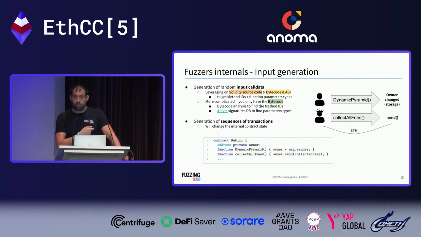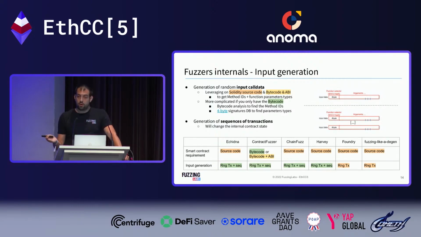A tiny example is the famous Rubik's contract, and in that case, if you want to exploit this contract, first you needed to call the dynamic pyramid function and then collect all fees. So if you were just calling one function at a time and resetting the state of the smart contract each time, that's typically a vulnerability that you will not be able to find automatically by using fuzzing.